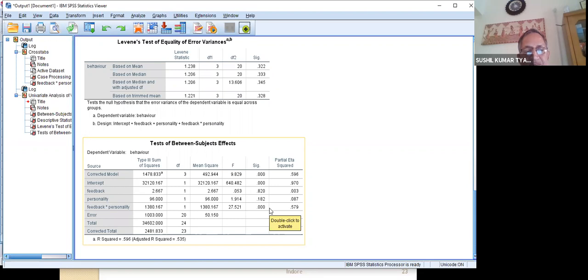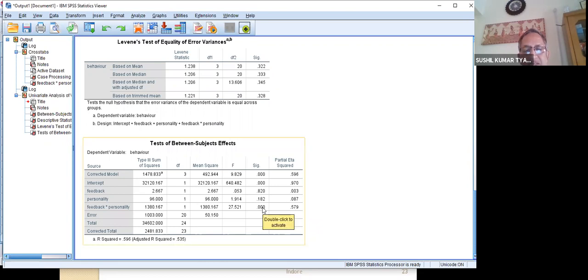Therefore, there is a significant effect of feedback and personality on behavior. And the effect size is 0.579. This is partial eta squared, and this amounts to a 57.9% effect of the interaction on behavior. So there is a significant interaction of the size of 57.9%.